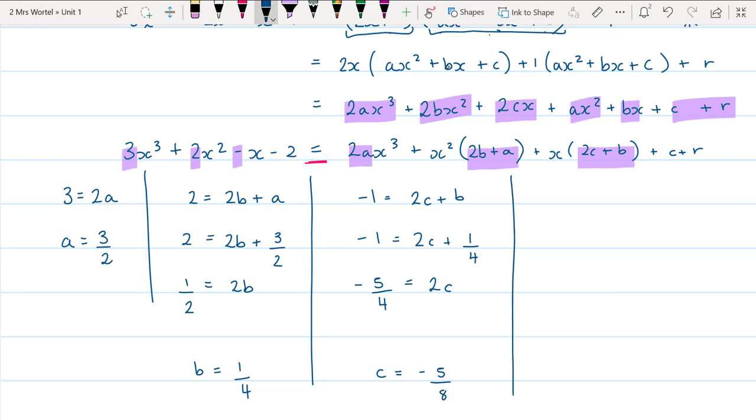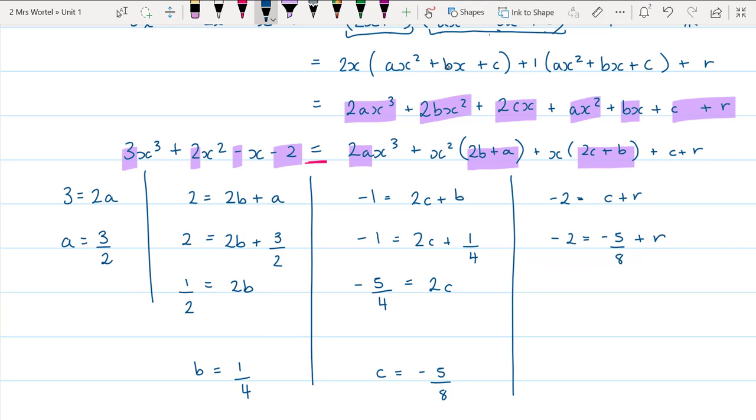I've got my a value, I've got my b value, I've got my c value. The last thing to work out is the constant terms. So my constants over here are -2. So -2 has to be equal to the constants over here, c plus r. I know my c value: -2 is equal to -5 over 8, which was my c value, plus r.